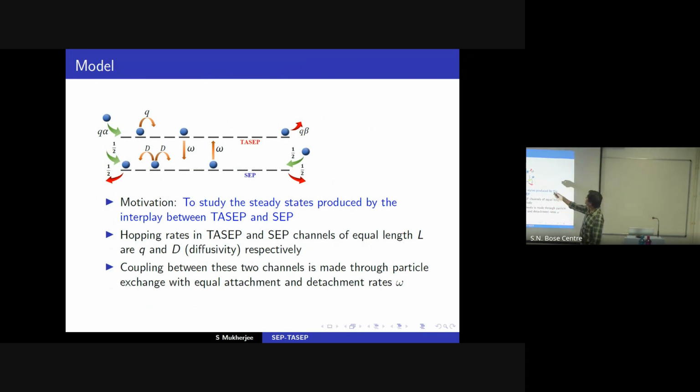But in the case of only beta, there is no exclusion. The particle can simply leave the system. But if the particle wants to come from here to this side, that is part of your model. Yeah, the question was whether you can distinguish them in reality. Any other questions?